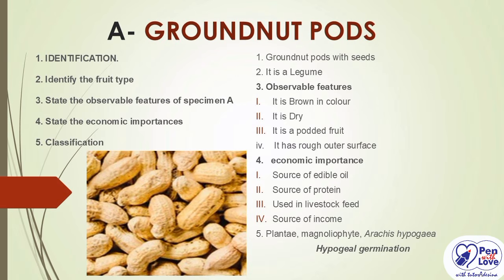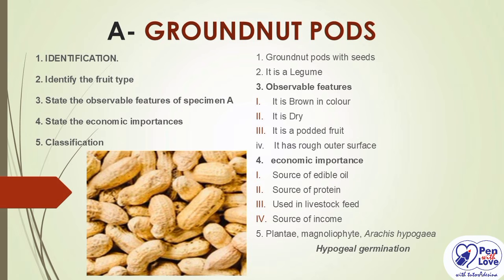According to the pictures we have here, observable features are: it has a brown color and it is dry, it is a podded fruit, it has a rough outer surface. These 4 points can be observed. Any other thing you can observe from the specimen given to you, you can add to it.